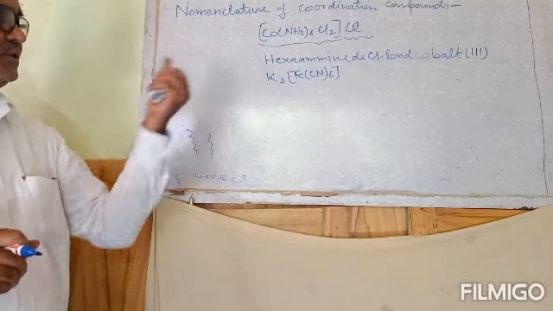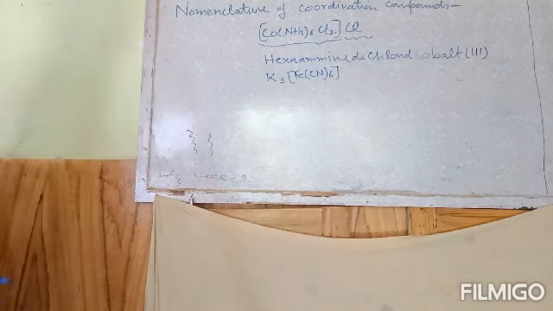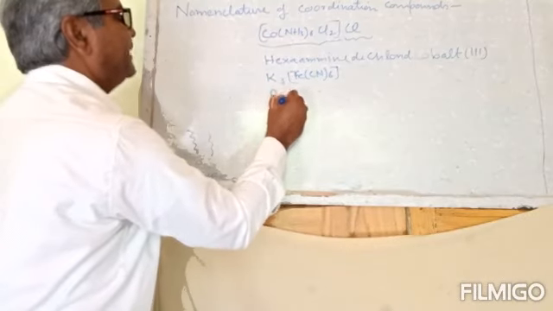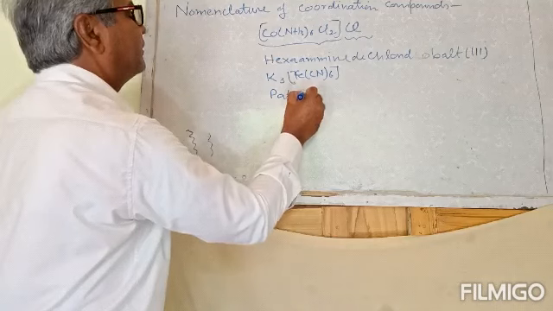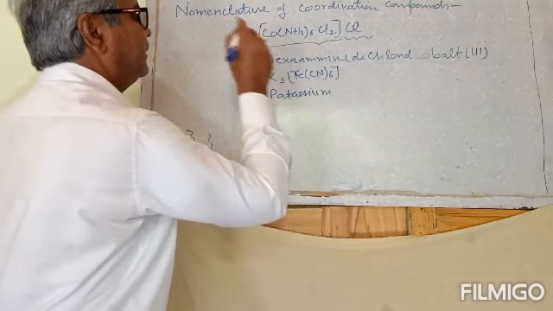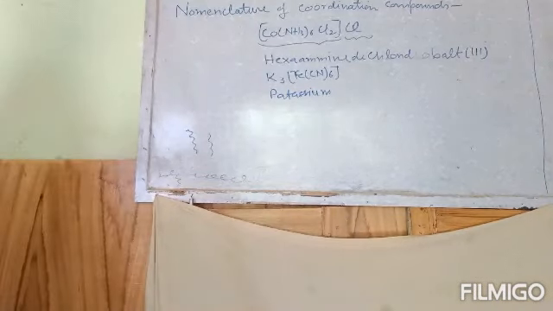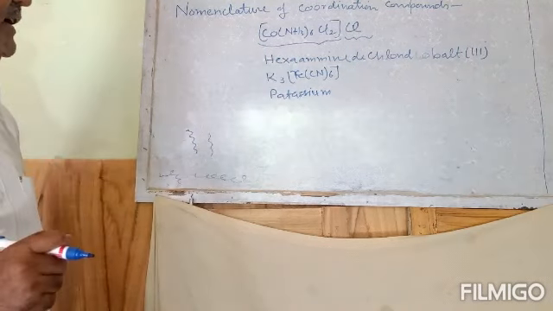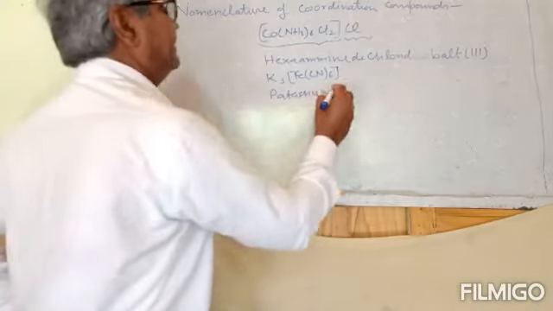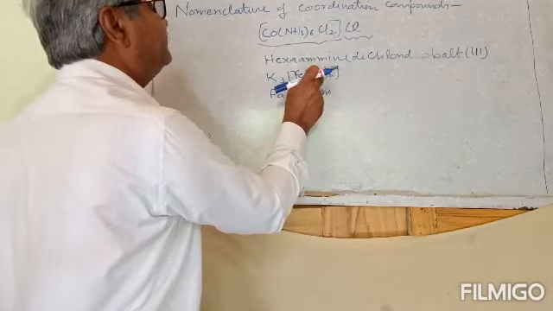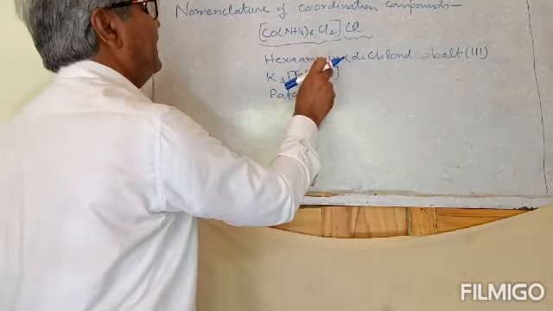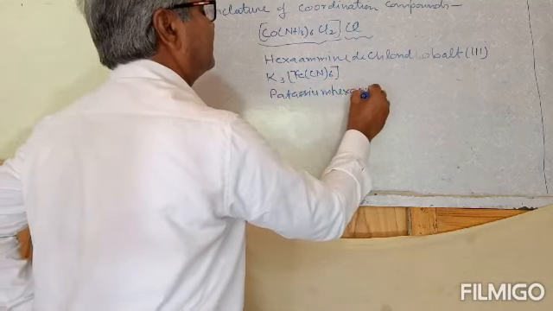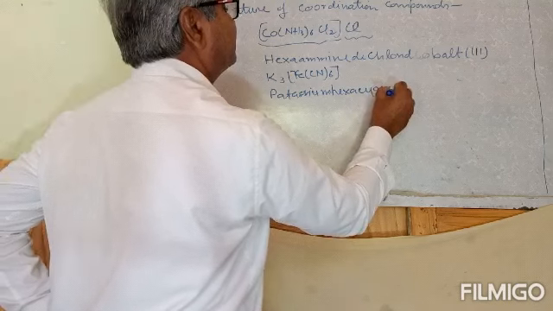The cationic part is named first, and our cation is potassium, so it will be named as potassium. Now, the anionic part. In the anionic part we name first the ligand, and the ligand is cyanide, O is added. The number of cyanide ions is 6, so hexa, cyanido.